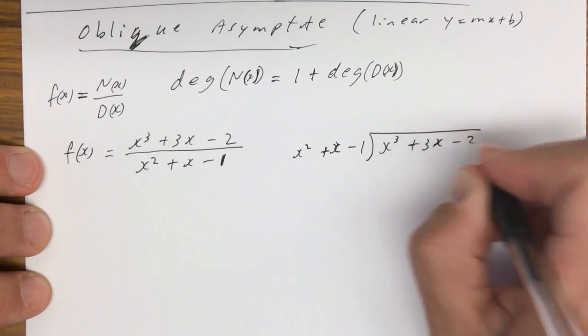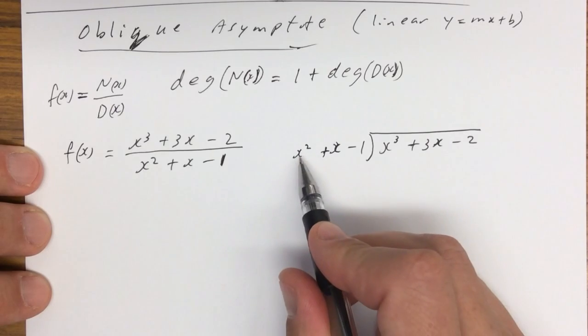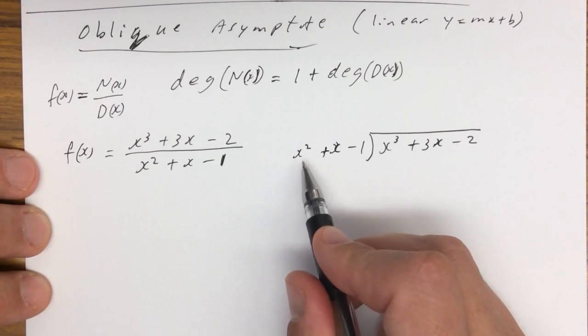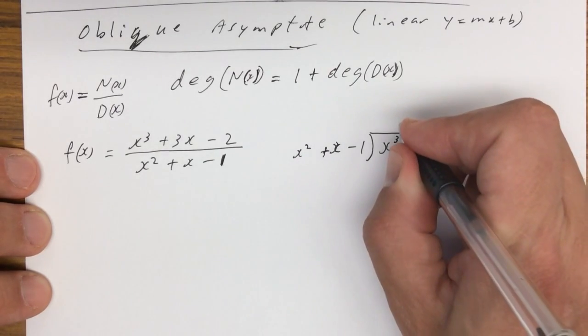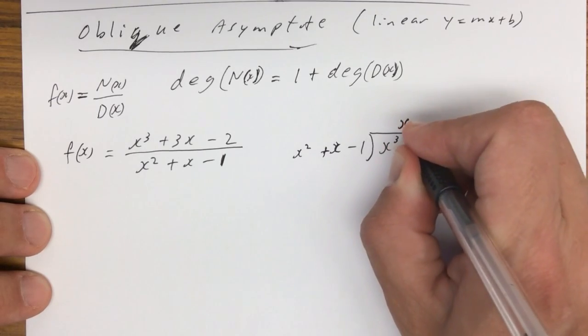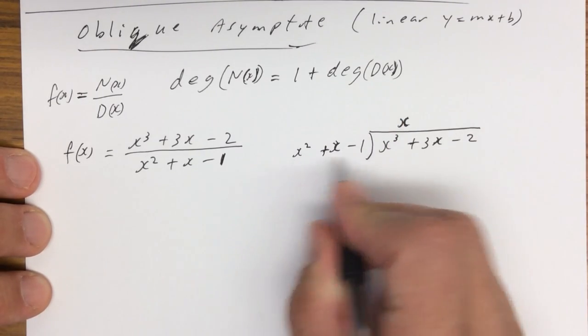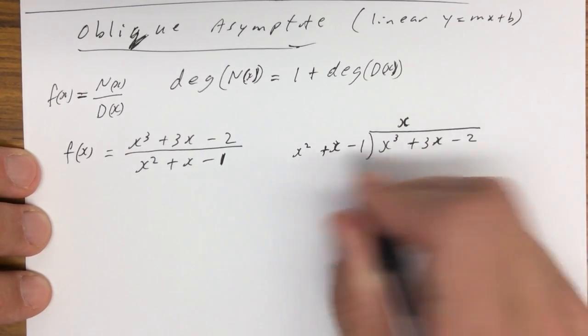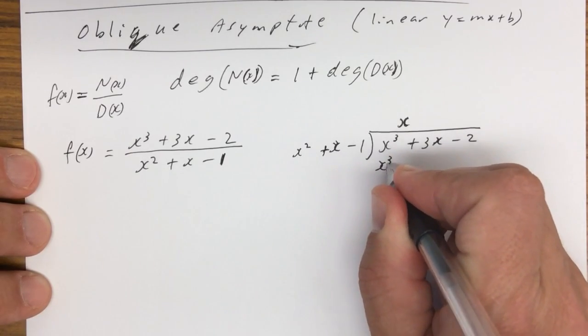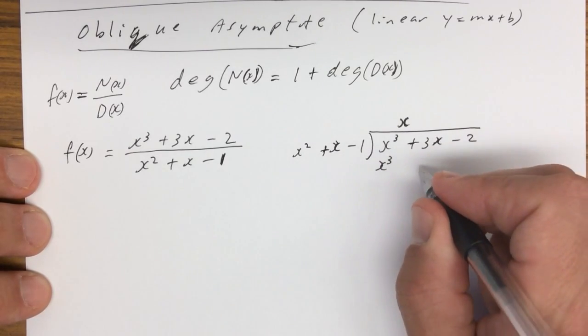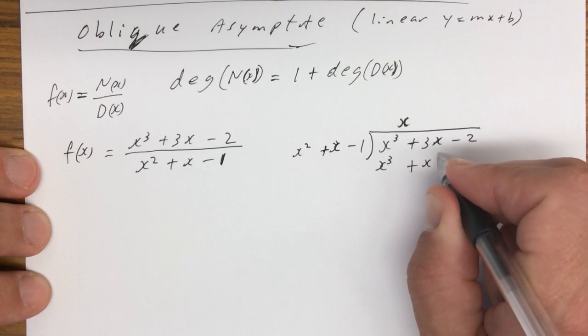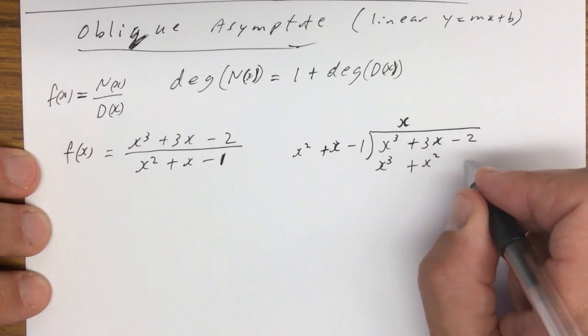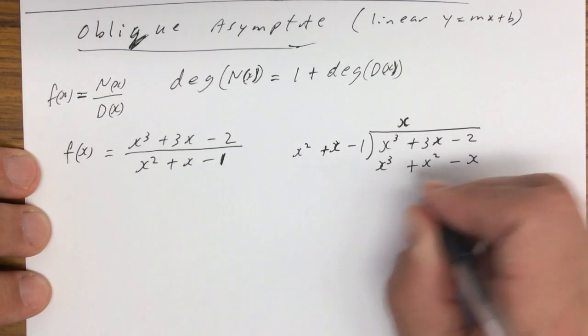Doing this long division, what do you multiply x squared by to get x cubed? We're going to say x. So x times this whole thing is going to give me x cubed, and then plus x squared, and then minus x.